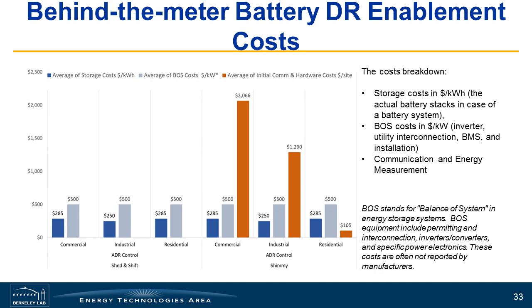We have inverters, we have converters, and specific power electronics that allow us to use that battery for demand response, or even just to interface with a solar panel. So it's not quite as cheap as we think it is, or that we keep hearing. Hopefully that comes across in this slide, that there's extra components that we haven't necessarily talked about in the industry.